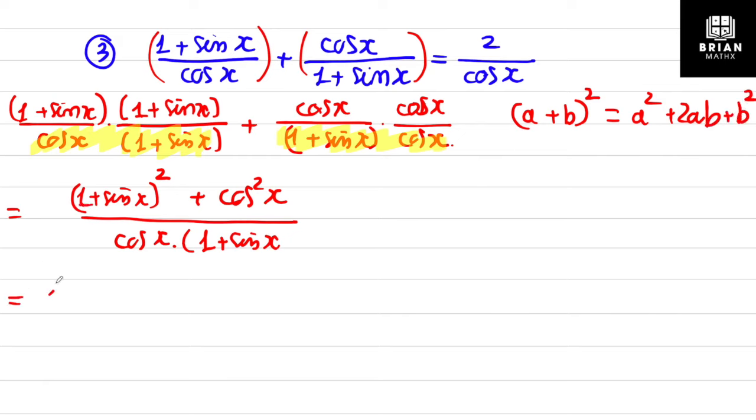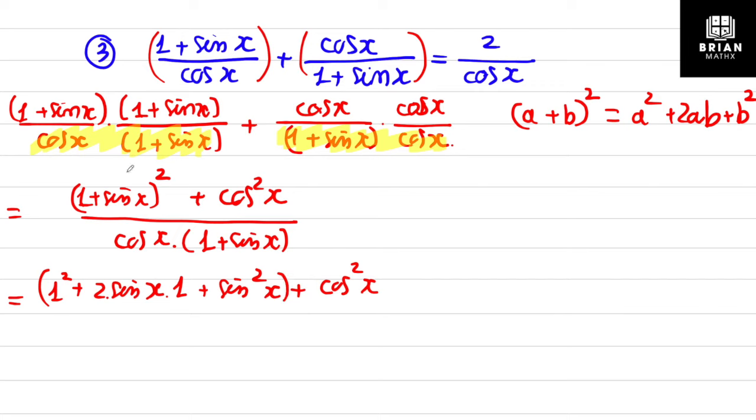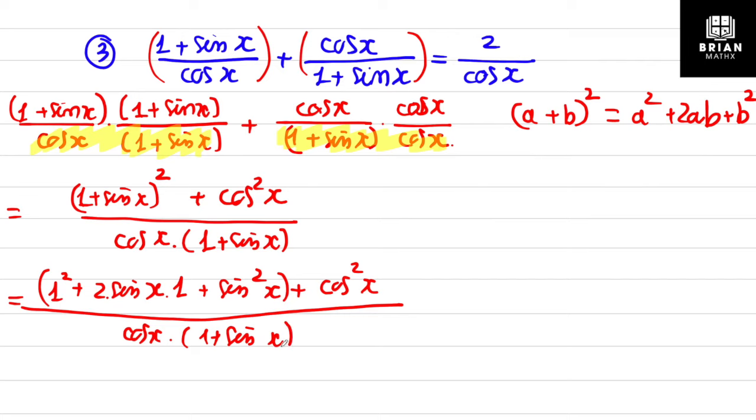I get 1 square plus 2 sine x multiplied by 1 plus sine square x, and the other one left is cos square x. The square of the sum is expanded like this. And the denominator? Cos x unchanged, 1 plus sine x unchanged.